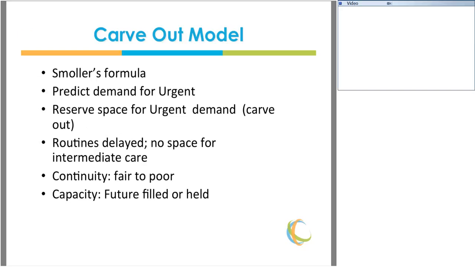And this really came out of the work of Mark Smoller, who was a pediatrician in Northern California. And he said, you know, we have enough information out there in the world to predict demand for urgent care. Again, using a medical model, medical definitions. We can look back and predict.